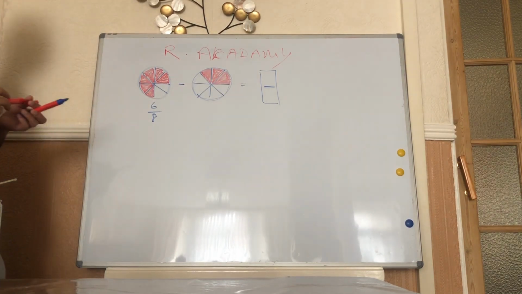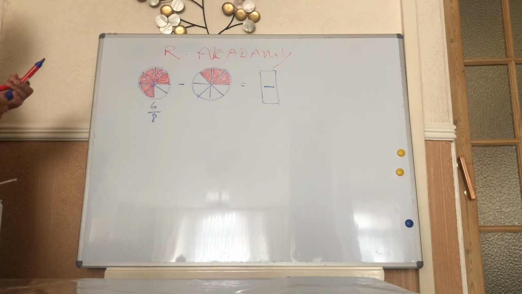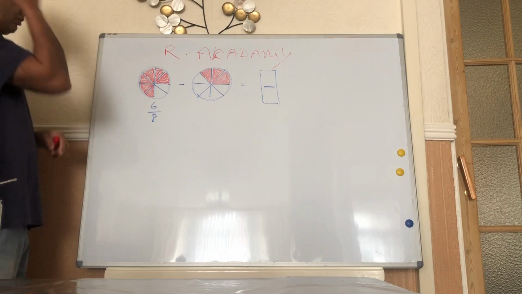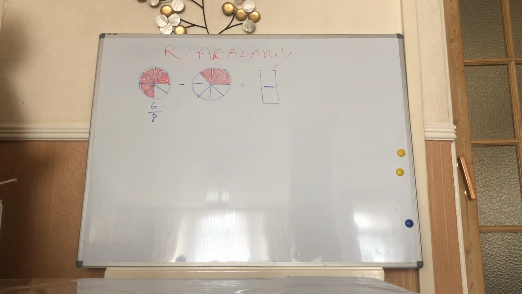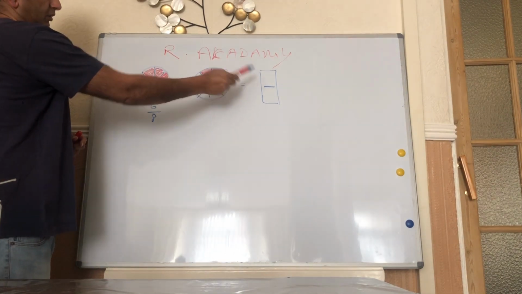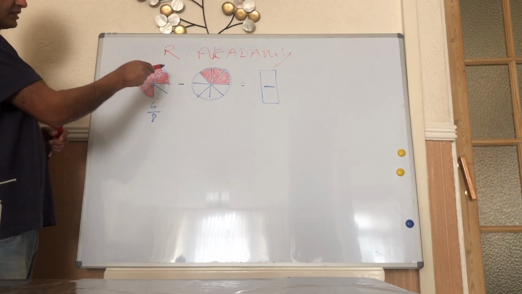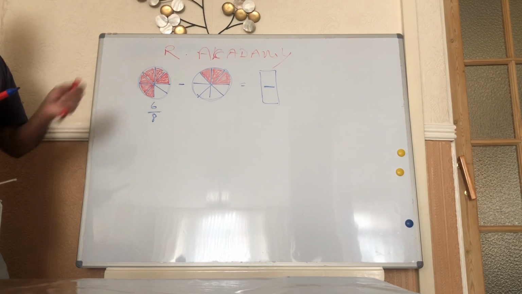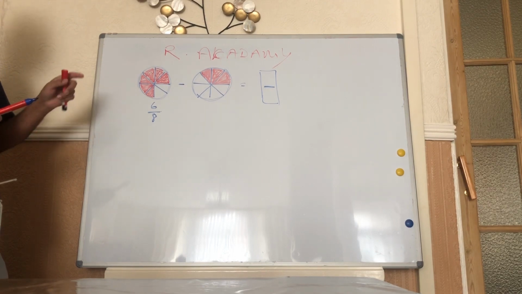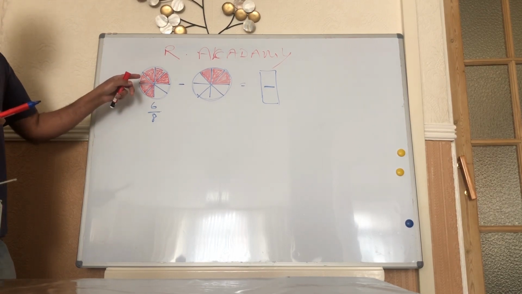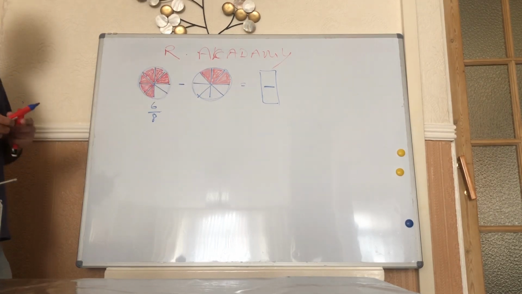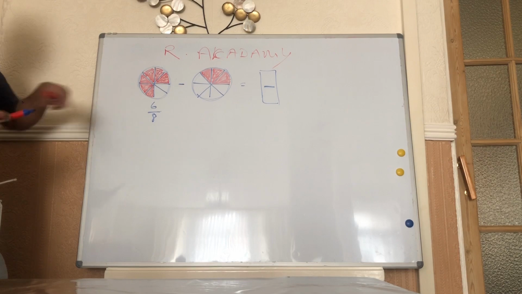Okay, so if you was to sort of answer that, you could easily say, oh, 6 slices minus 3 slices is 3 slices. But then that's not a fraction. So we need to answer that as a fraction because it's asking that subtracted from this equals what as a fraction. So this would be 6/8.